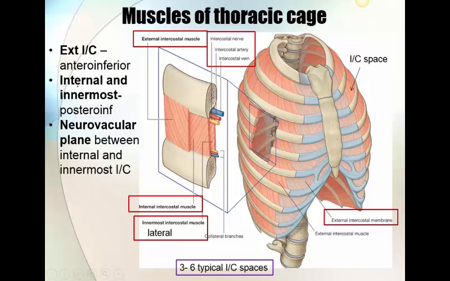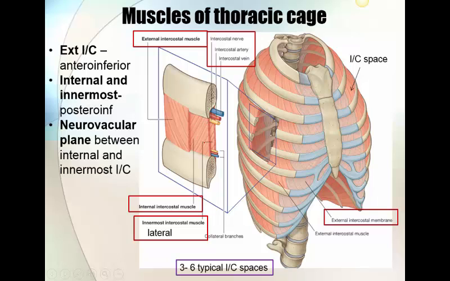The internal intercostal and innermost intercostal run in the same direction, with the internal intercostal being intermediate and innermost being the deepest layer. They run in a direction which is postero-inferior. So they run this way, from the rib above to the rib below.